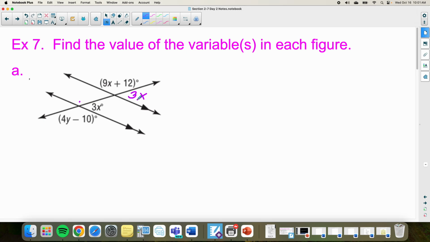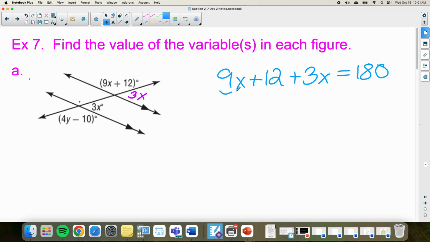Now, what do I know about the 9x plus 12 and the 3x? Yes, they make a line, which means they add up to 180. So I'm going to go 9x plus 12 plus 3x equals 180.